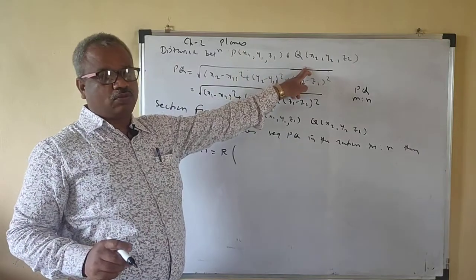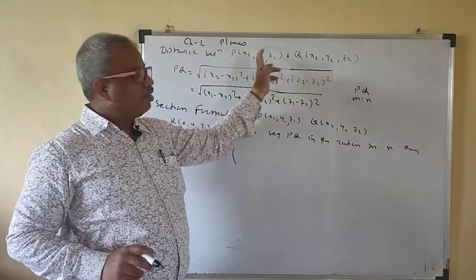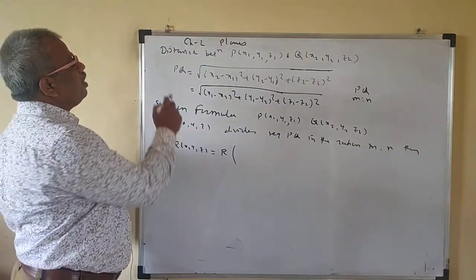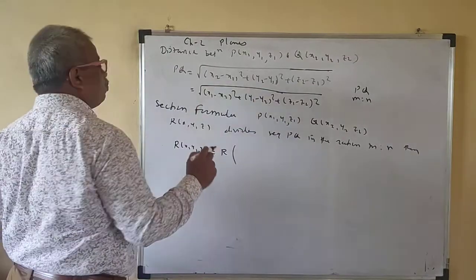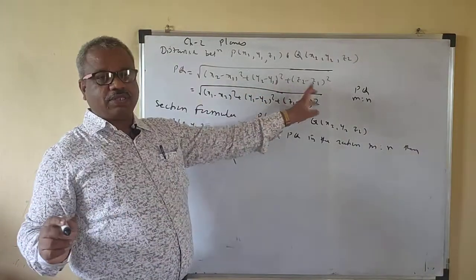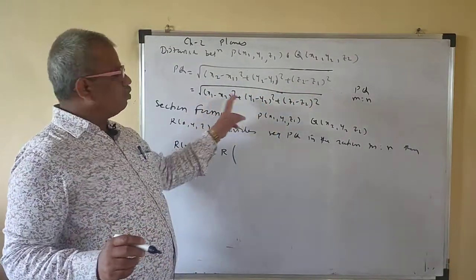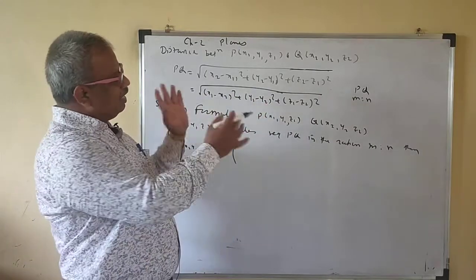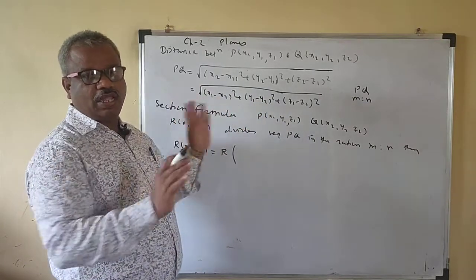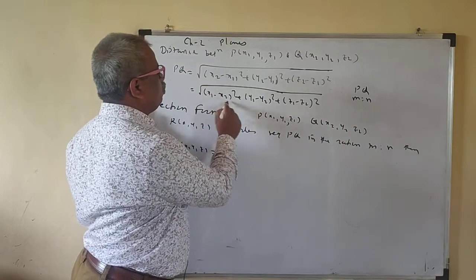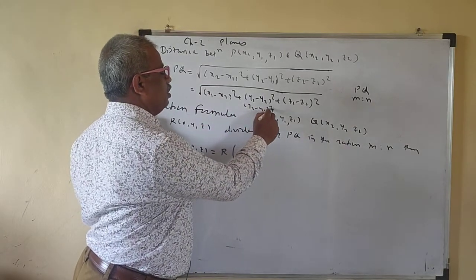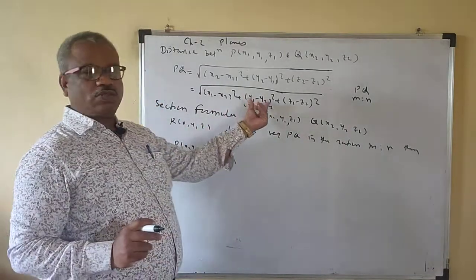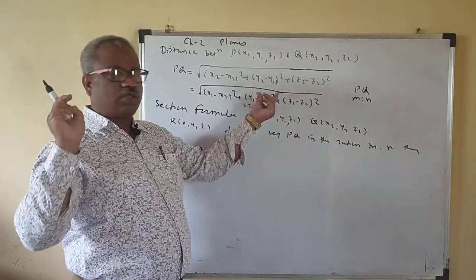Suppose these are 2 points in space. How do we find the distance between P and Q? It is the square root of (x2 minus x1) squared plus (y2 minus y1) squared plus (z2 minus z1) squared. Or you may write x1 minus x2, it doesn't matter because of the square.